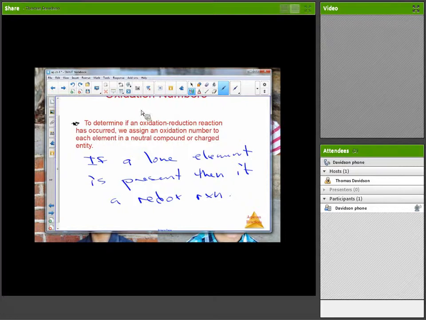So what I mean by that is when you have copper plus silver nitrate goes to copper 2 nitrate plus silver, you have a lone element right there. That means oxidation and reduction, or a redox reaction happens. If it's on both sides, it's super easy. But you don't always have it on both sides.